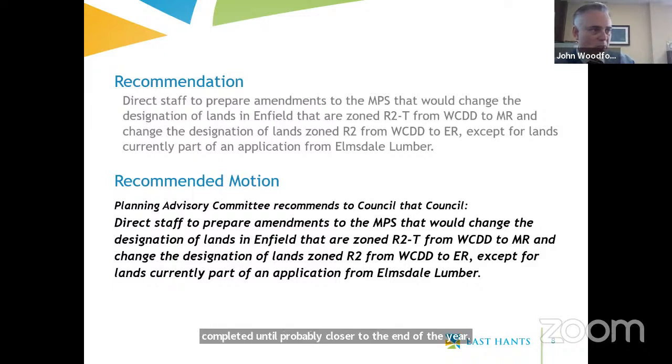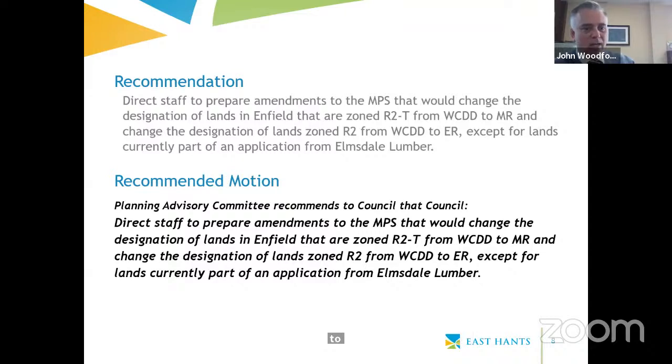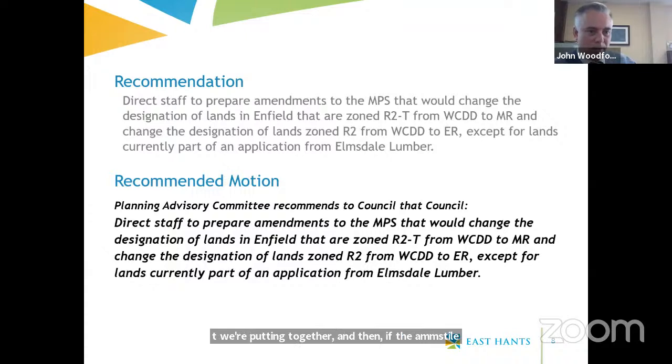I'm pretty sure the Elmsdale lumber application will be completed by that time. So yes, if you gave us direction to change it away from the CDD to, I assume, the ER, we could build that into the draft plan that we're putting together. And then if the Elmsdale lumber application gets approved, that would change again. It just seems confusing to do those two at the same time.